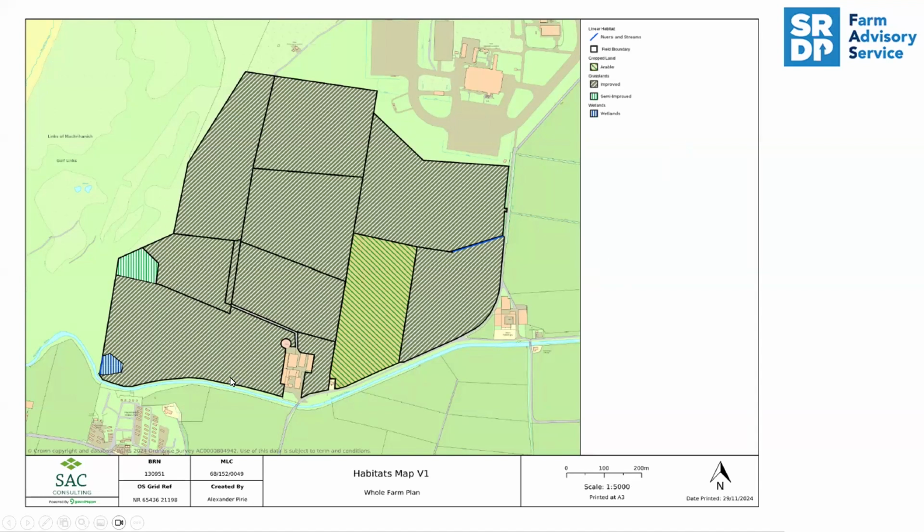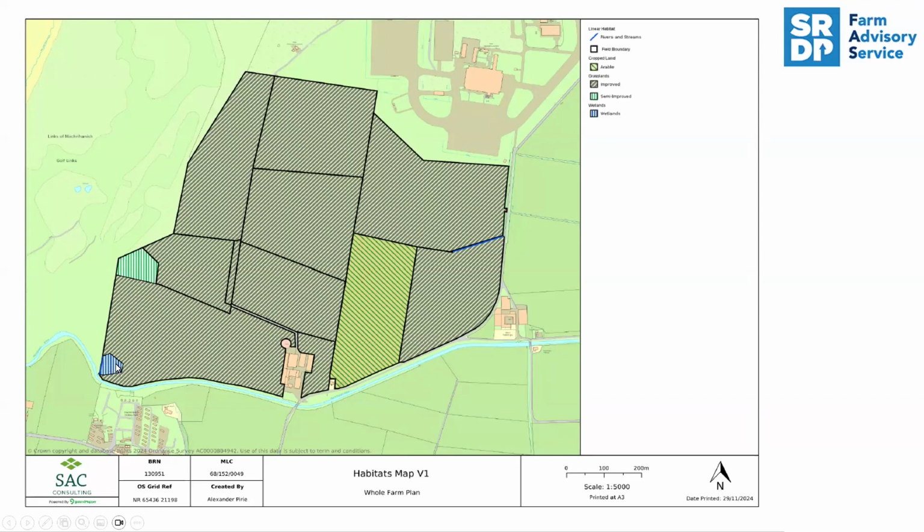What you can see here is that my farm is dominated by improved grassland. That's the green hatching. We have a field of arable ground just behind our cottage in the centre of the farm. We also have an area of semi-improved grassland off to the western extent, and a small area of quite easily defined wetland where there's no livestock entering and grazing.